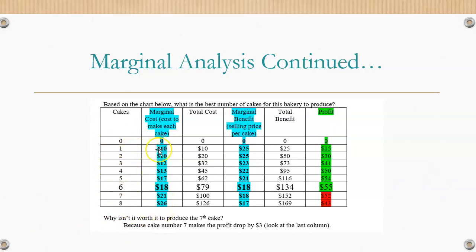So the first cake is costing the bakery $10, but the fourth cake $13, and the sixth cake $18, etc. This cake has a price, and you can tell that the marginal benefit here is the price of the cake. So the first cake the company can sell at 25, but notice how, for instance, to sell 5 cakes, they have to lower the price to 21, because as you know, the more you are enticing people to come buy from you, the more value you want to give them.